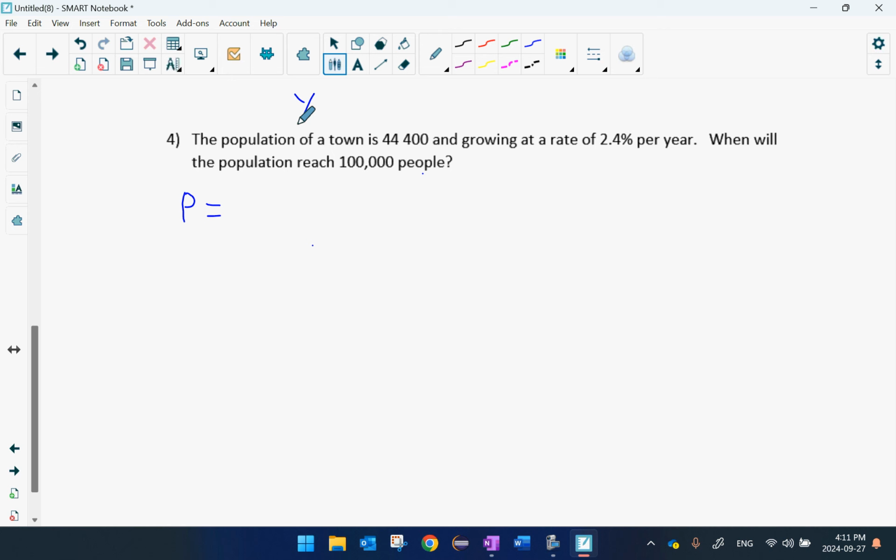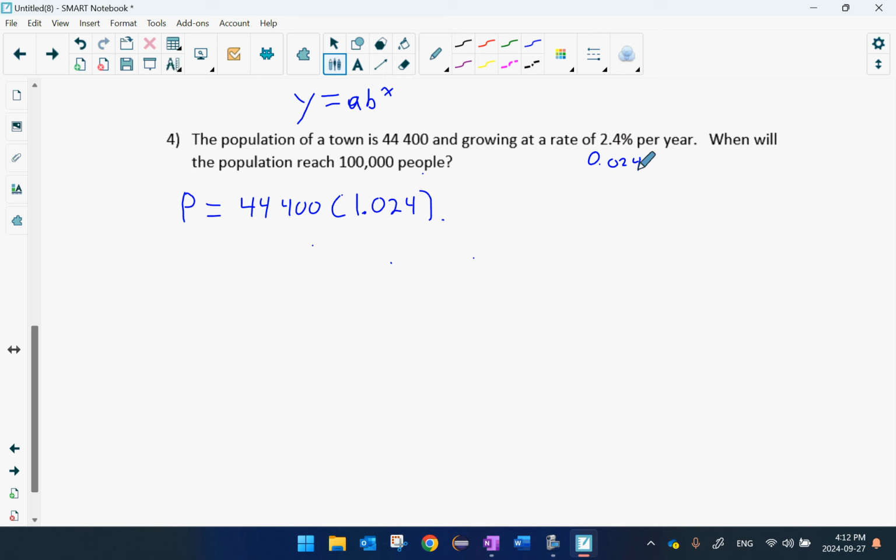So remember exponential growth, we talked about the general form looking like y equals a times b to the power of x, where a is your initial value and b is your growth rate. In this case, your initial value is 44,400, and a growth rate of 2.4% means we multiply by 1.024, so 2.4% is 0.024.